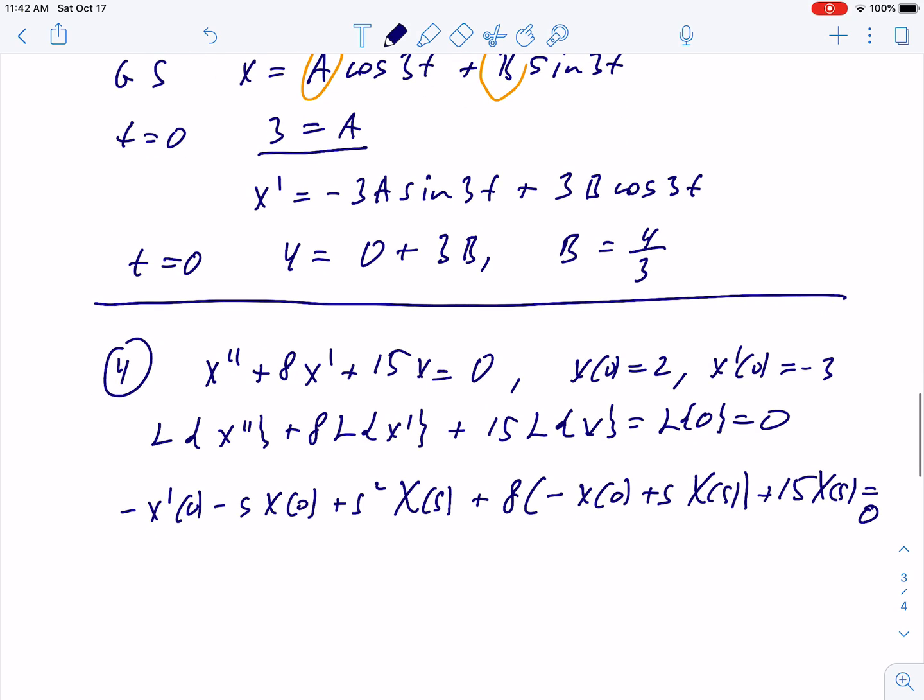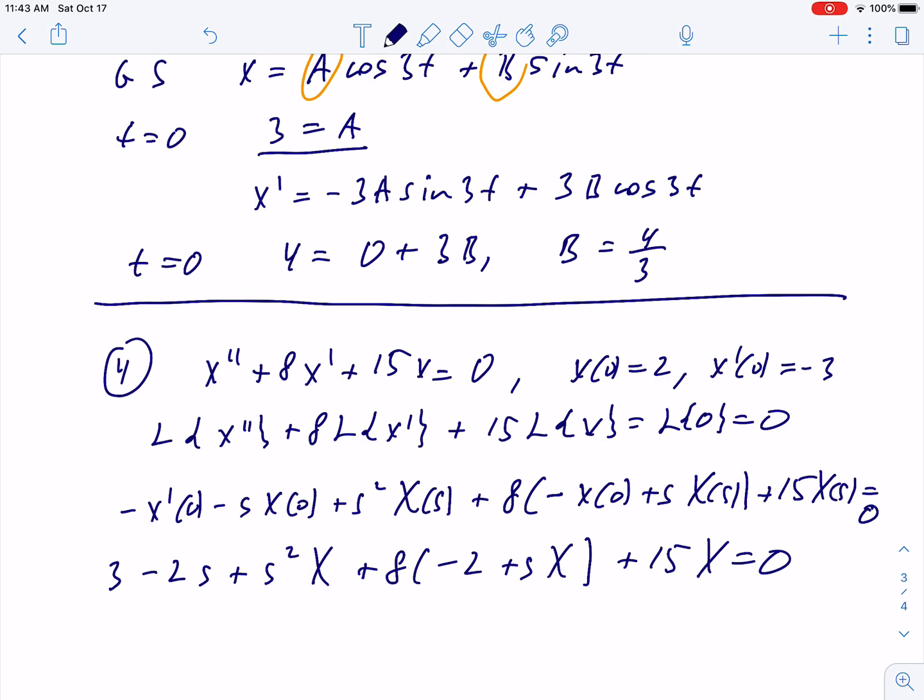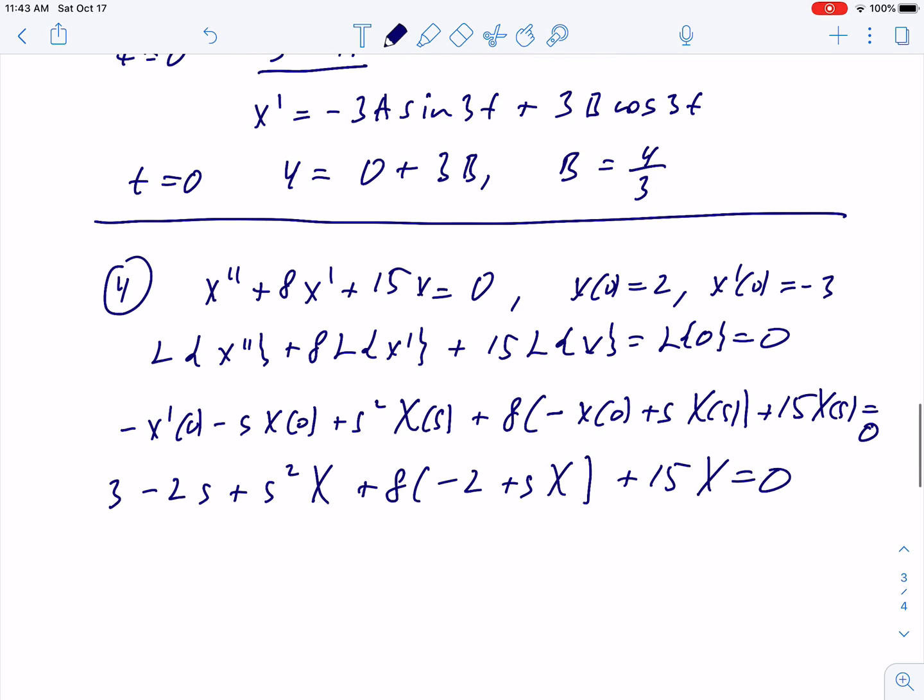Okay, replacing the initial values, x prime is -3, so first position we get plus 3 minus 2s plus s squared big X plus 8, here -2 plus s big X plus 15 big X equals 0. Now we regroup.